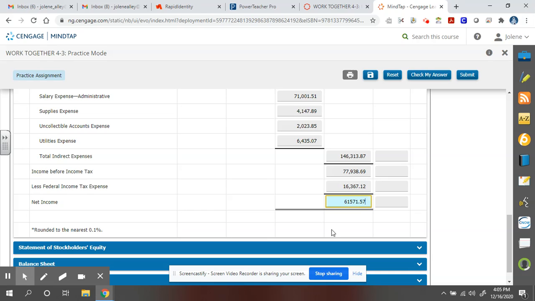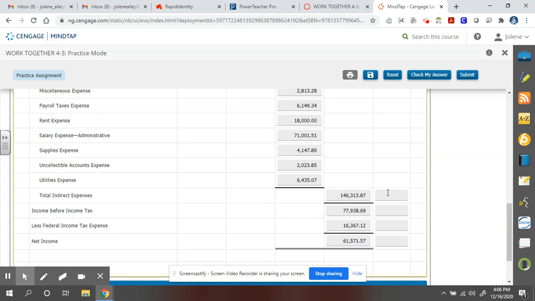I'm going to do it a second time just to make sure I've got it right. $61,571.57. Okay. So net income. This is after they have paid all their bills. This is how much the company has after they paid all their bills.